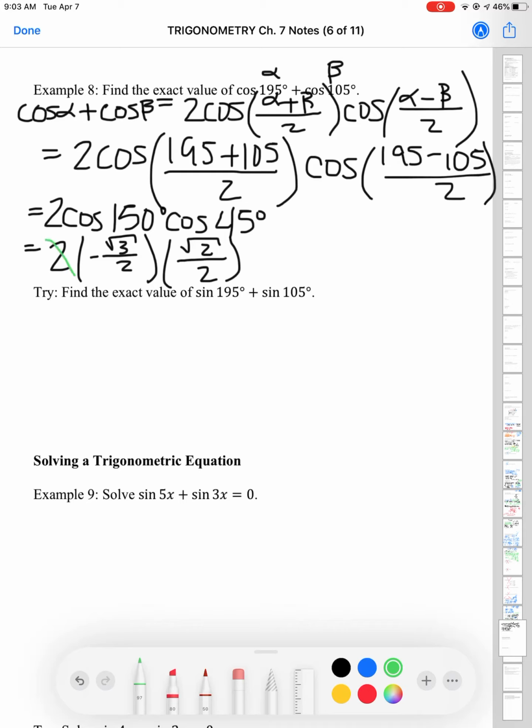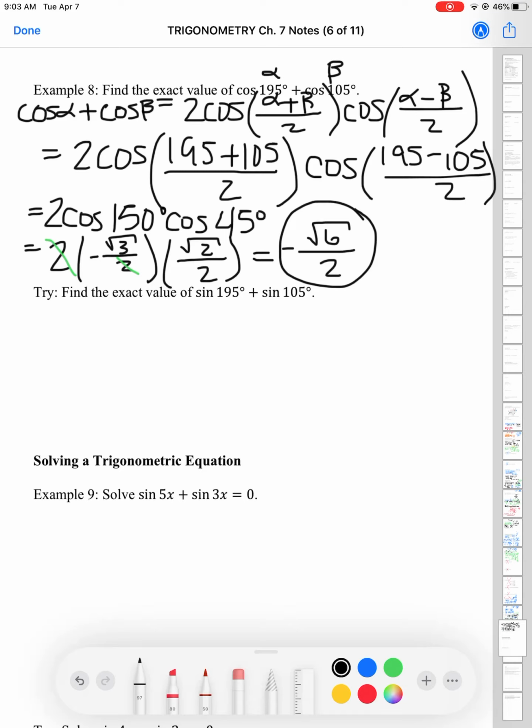Now, all we have to do is some simplification. So this 2 can be simplified with that 2. Remember, when we're multiplying two radicals, we can take the inside multiplied by the inside. So this would be negative the square root of 6 divided by 2. And remember, we cannot simplify that.